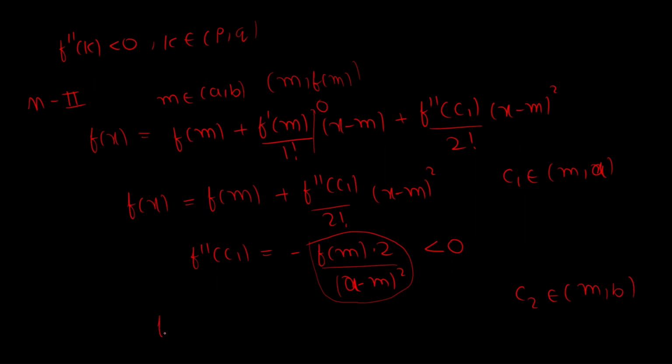I will get f double dash of c2 is equal to minus f of m into 2 by (b minus m) whole square, just a change of variable. Again this whole thing is a strictly positive quantity. Multiplying it with a minus, we get less than 0. Therefore we can say that not only one, but there exist two distinct c1, c2 such that f double dash of c is less than 0.